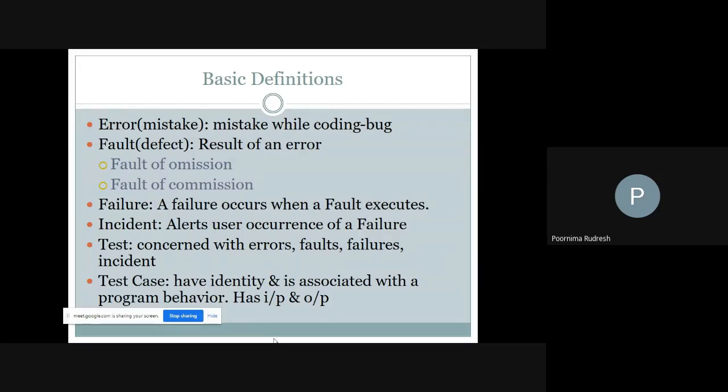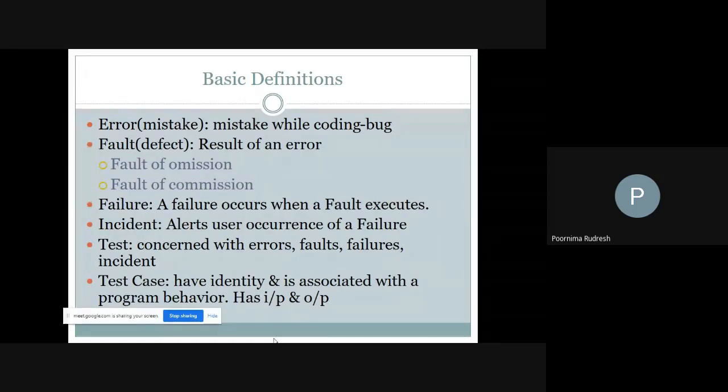So the input is entering the two numbers, and the output is the sum of those two numbers. Here we are defining the test cases: we give integer numbers, then we get the result. So the test case has an identity and is associated with the program behavior.